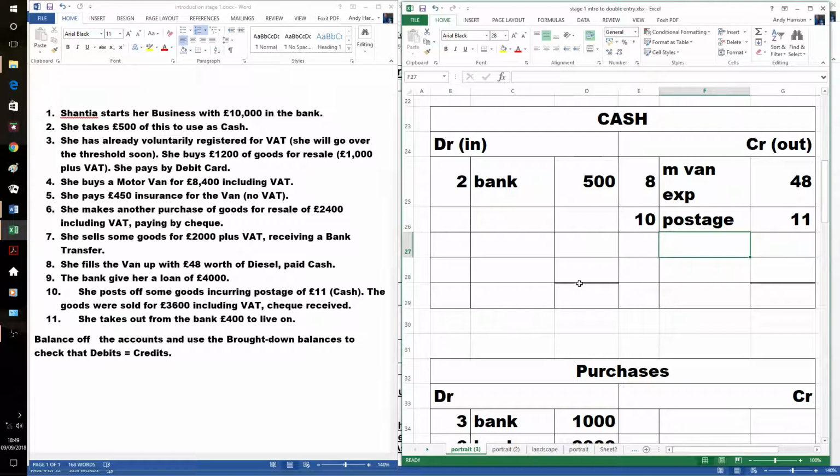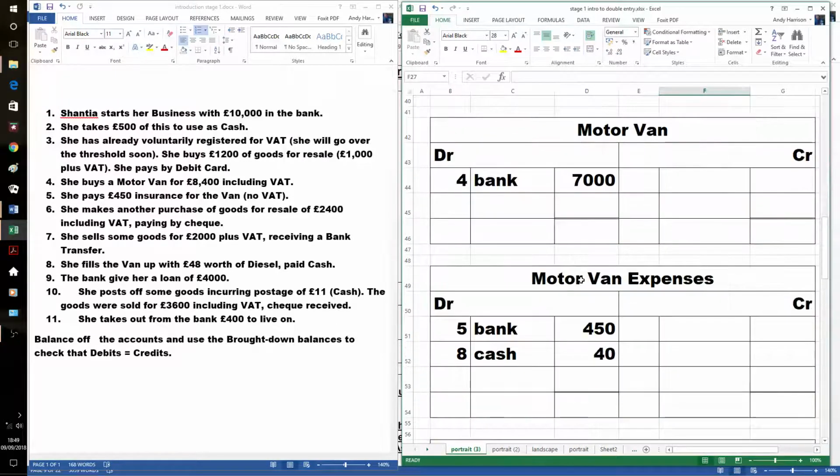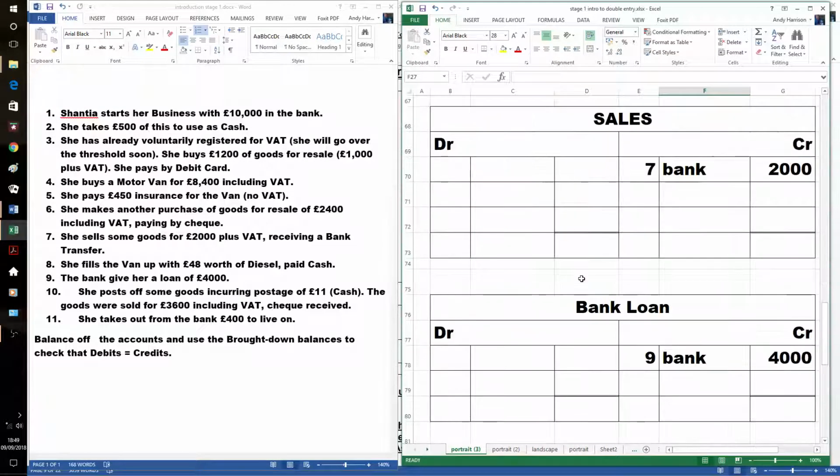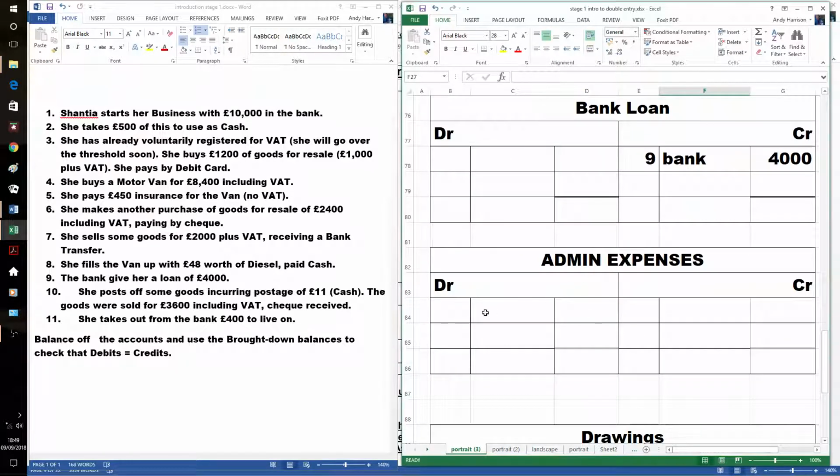And then where do we record that 11? So sometimes you have to think carefully about what account. Have a look at what you've got, create one if you don't. Well, there's an ideal one. We haven't got a postage and stationery account, so that's fine. Admin expenses. Admin's like a bucket for any odd expenses that we can't find an account for elsewhere.